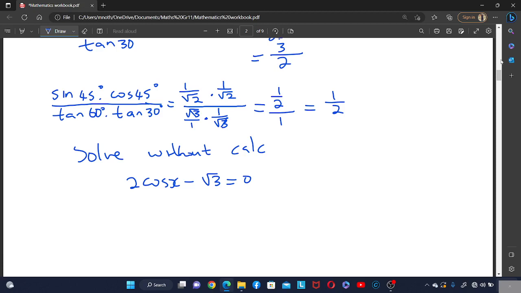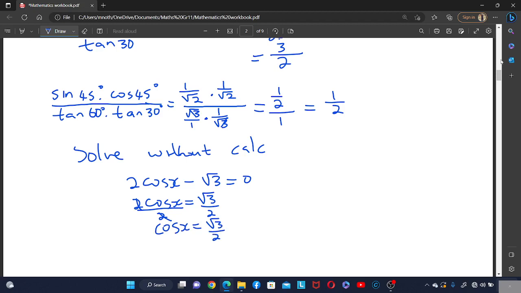If we were to solve this, we say 2 cos x, then we transpose this one to this side, we're going to have root 3. Then we divide by 2. So 2 cancels 2, and cos x is equal to root 3 over 2.